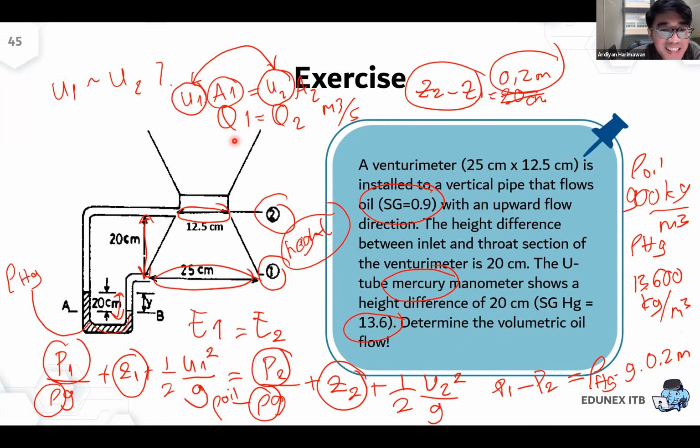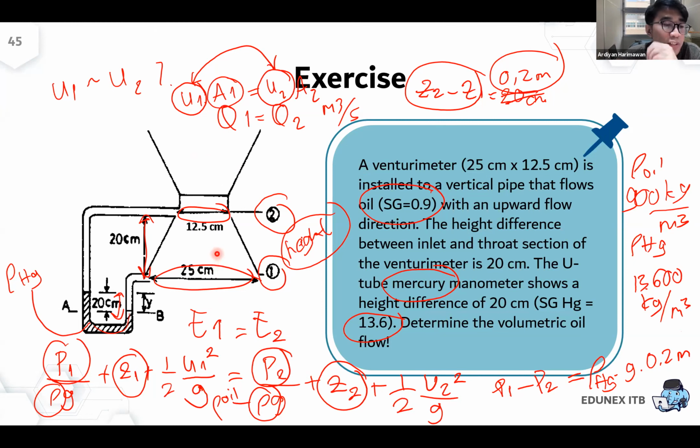I hope you understand. You need to try by yourself, then you will understand the context. Basically this is the same as the venturi, but this is the vertical type of venturi.